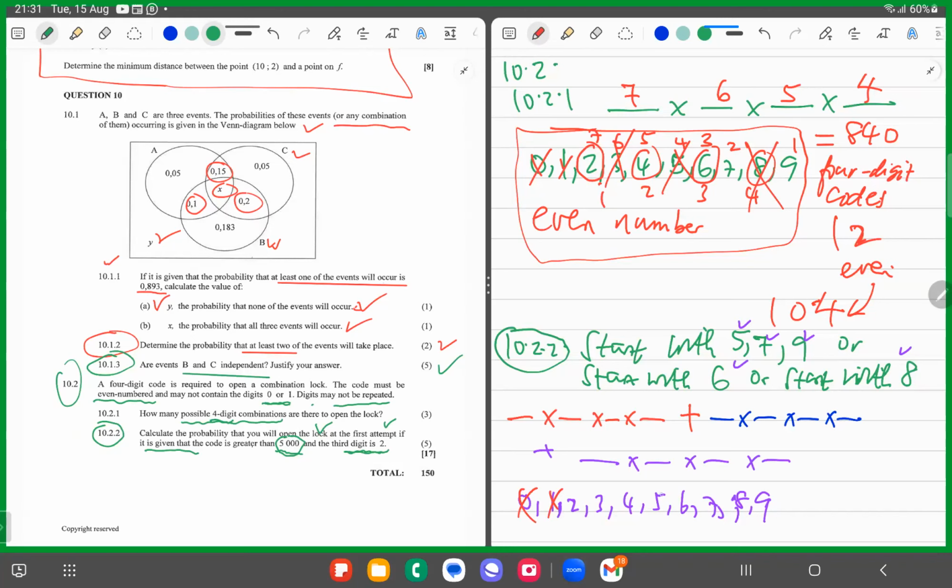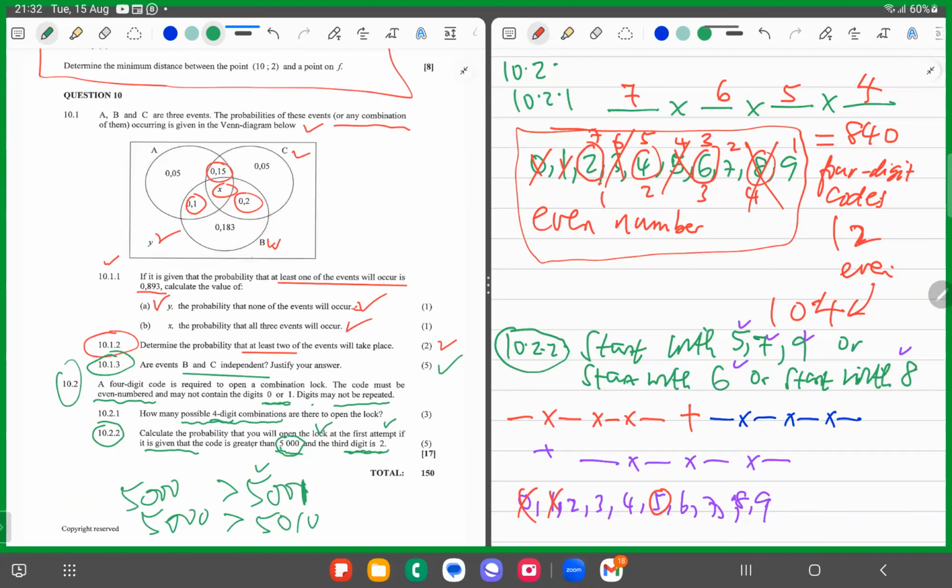But you can start with 5, because it must be greater than 5,000. Like 5,001 is bigger than 5,000, but it starts with 5. So 5,010 is bigger than 5,000, but it starts with 5.